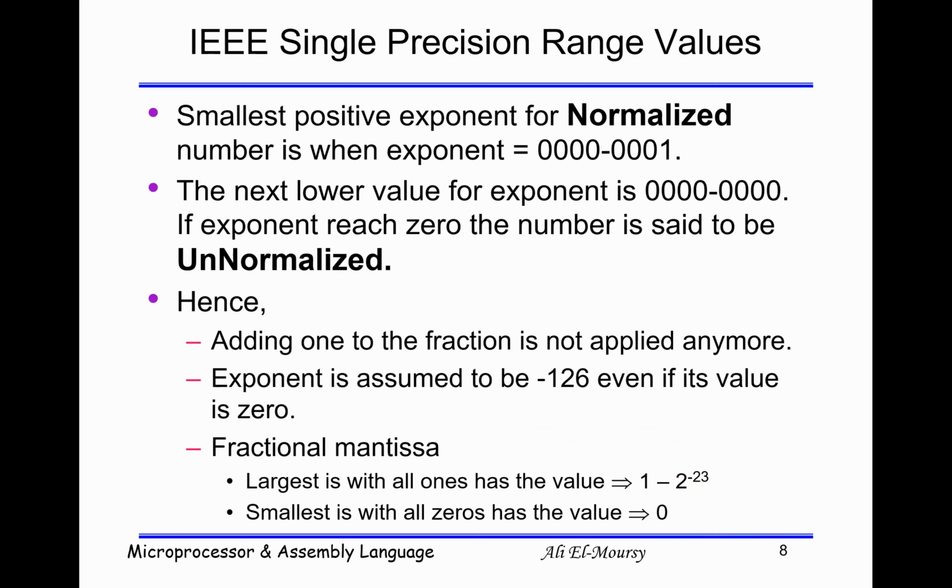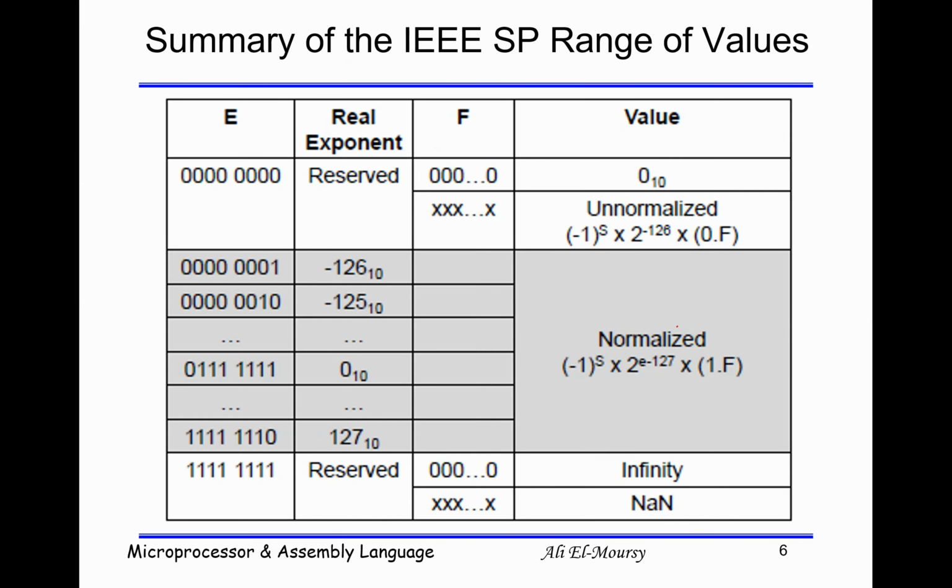Right. Now let's discuss the smallest fraction ever that we can represent. The smallest fraction depends on whether I'm talking about normalized or unnormalized. So let's go back to this table. For the normalized, I will not reach the minimum, because for the normalized I have 1 added to the fraction. But for the unnormalized I have the absolute minimum, because this is representing the smallest number. So if I want to calculate it, I'm better off going for the unnormalized.